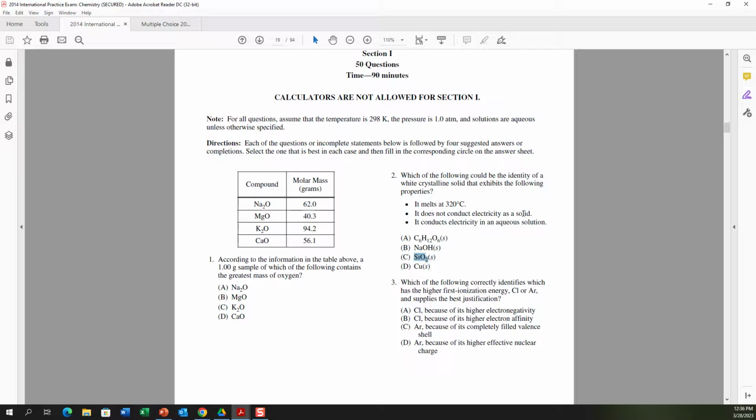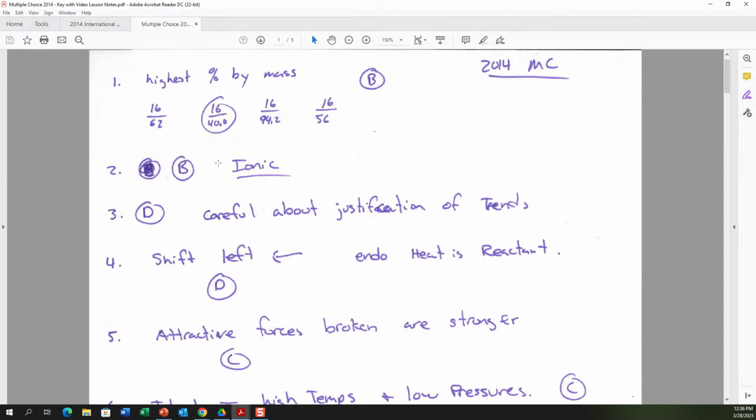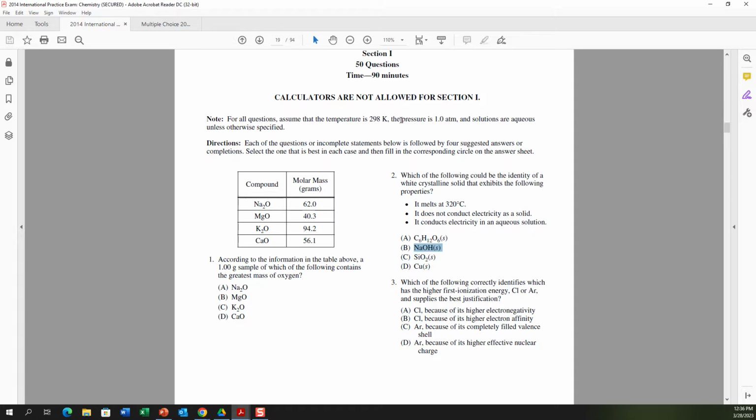It doesn't conduct electricity as a solid, so maybe you're thinking molecular solid, because if it did conduct electricity as a solid, you should be thinking metal. And then it does conduct when aqueous, so now that's your key that it's ionic, so the answer is B. Those characteristics: high melting point, conducts when the particles can move, that's ionic.